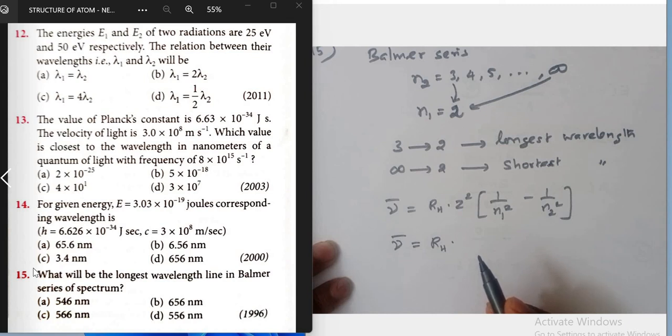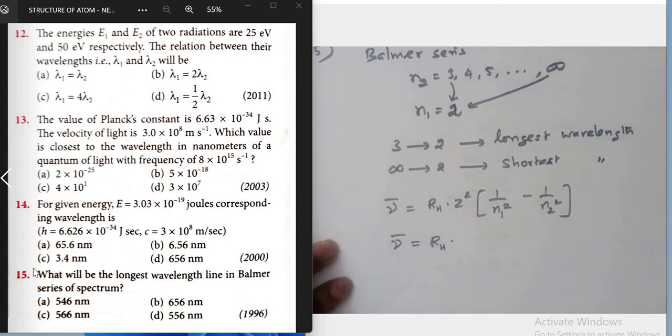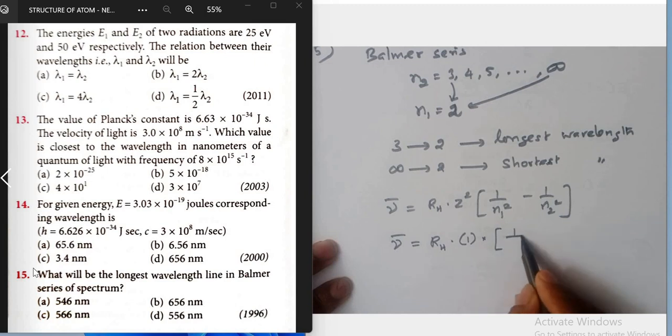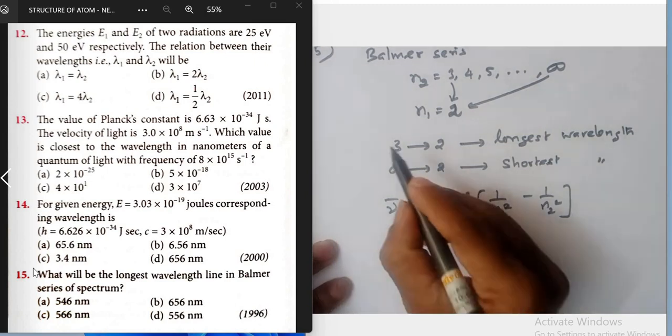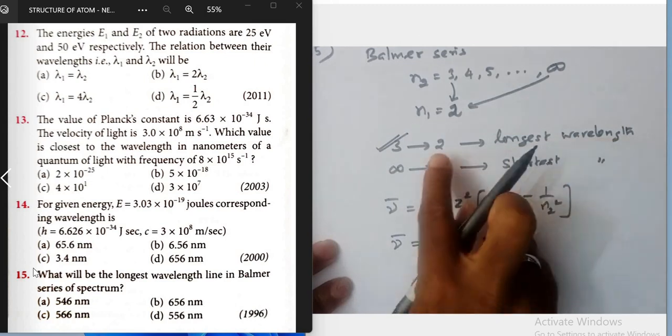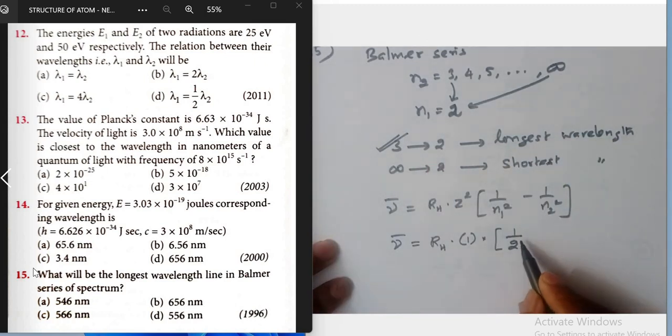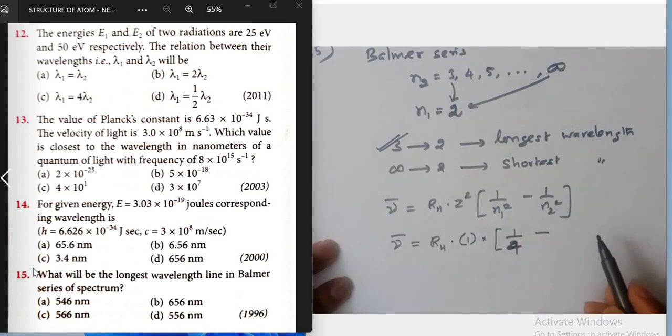The atom is not mentioned here, so let us assume the atom is hydrogen. In the case of hydrogen atom, Z square is 1. For Balmer, the lower level is 2, and 2 square is 4, minus the higher level 3 square, which is 9.